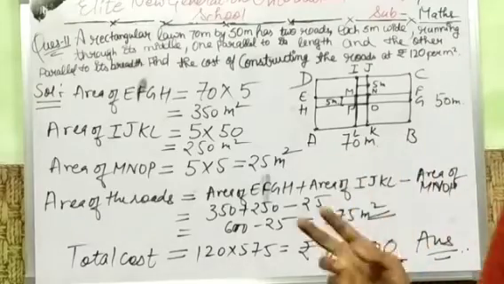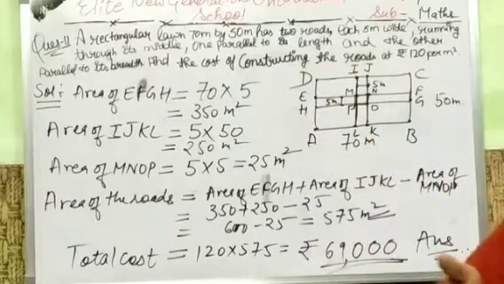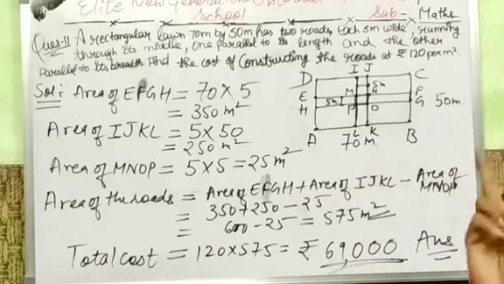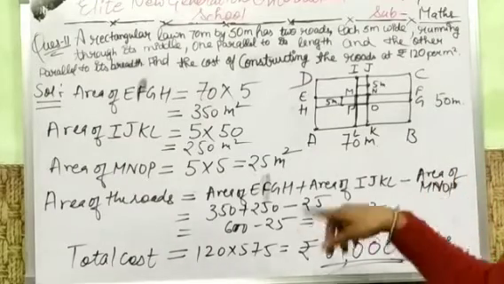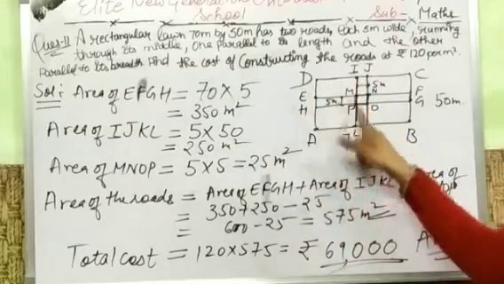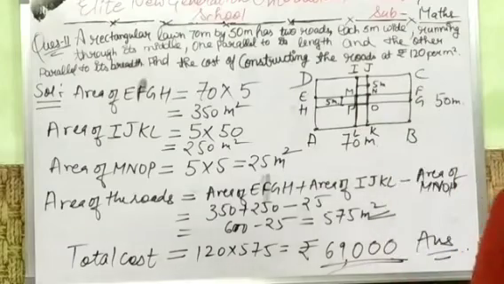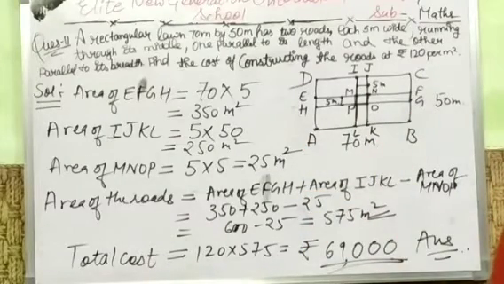Both the questions are the same. The difference is that this question is given in the shape of a rectangle, but question number 14, part 2nd, is given in the shape of a square. So we have to apply the formula of area of a square there, and both the questions are similar, right? Always remember that to find the area of these roads, we have to subtract this common part. Then we can easily find the total cost as well as the area of the two roads.